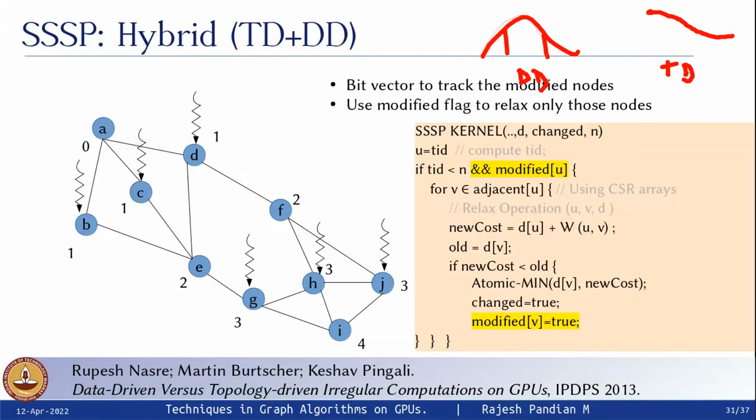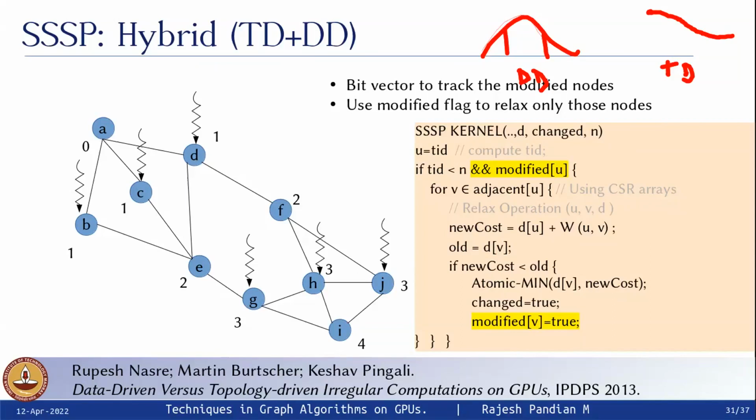Yeah. So in this case, for example, when you start with A and then settle the distances for B, C, D in data driven versus topology driven, will it happen that in the same iteration the same number of nodes have their distances settled, or will it take a different number of iterations in DD versus TD? Okay, so I'll repeat what you said.